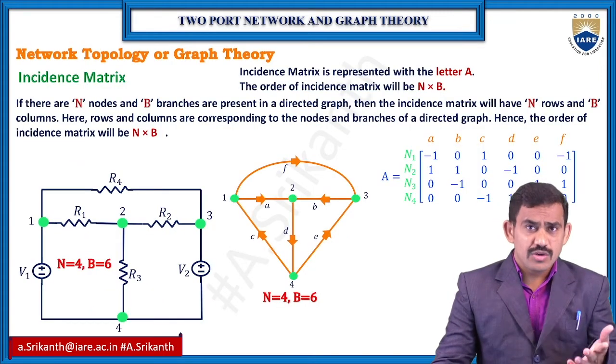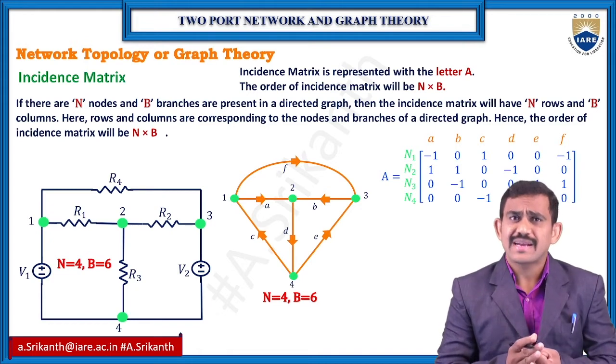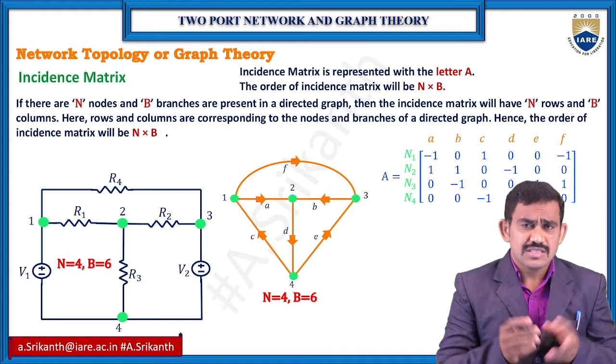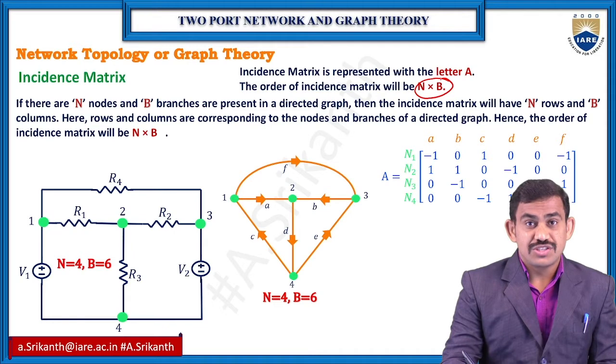And coming to one more topic, we have network topology. In that, A matrix, B matrix, C matrix. So just remember, A matrix is number of nodes into branches.